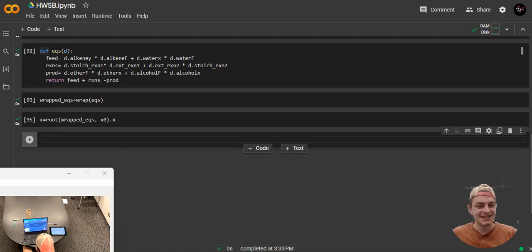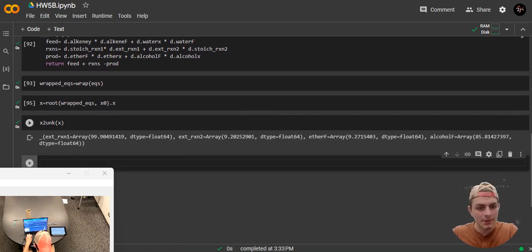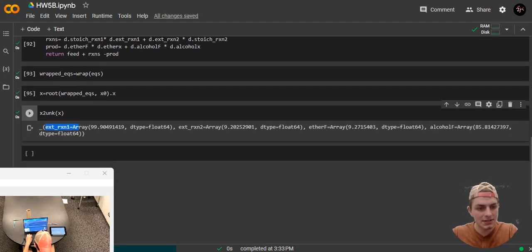Okay, so now what we need to do, we can do x2 unknown of x, and this is going to show us all of the things we were attempting to solve for here. There we are. So again, this shows us the extent of our reaction for both reactants, and then our ether flow rate and our alcohol flow rate.